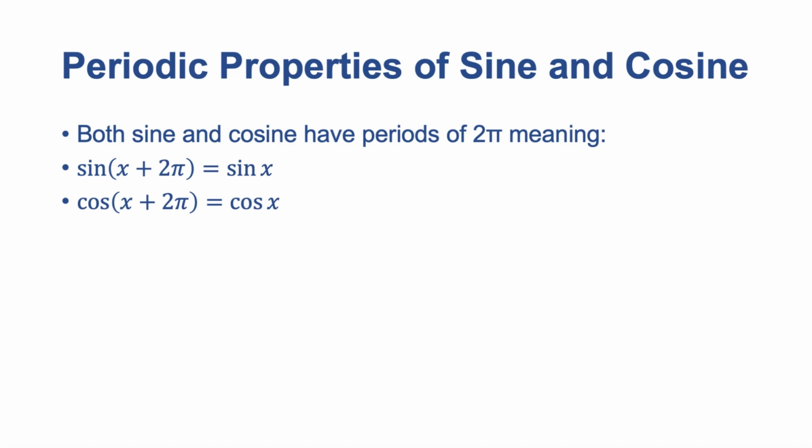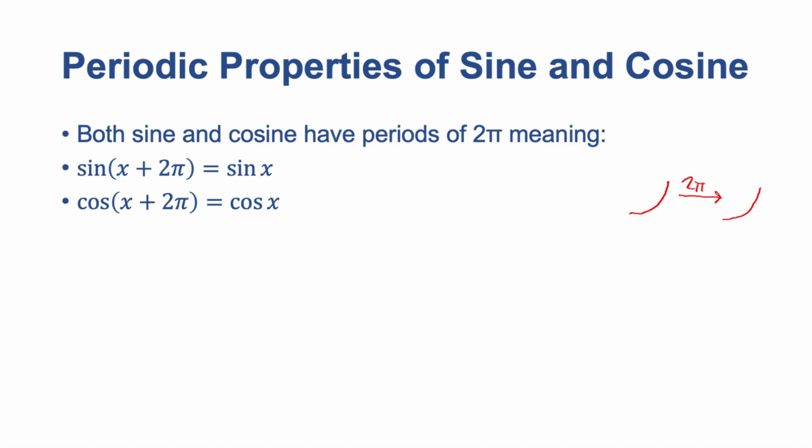Basically, what it's saying is that if I have a part of a sine wave like this, and I move it 2 pi over, it's going to match exactly what the sine wave 2 pi points ahead is going to look like. So that's what that periodic property means. It repeats itself.